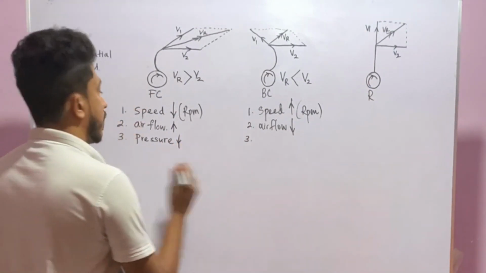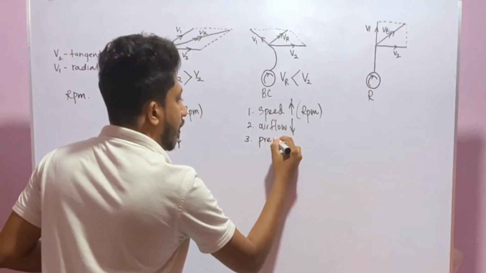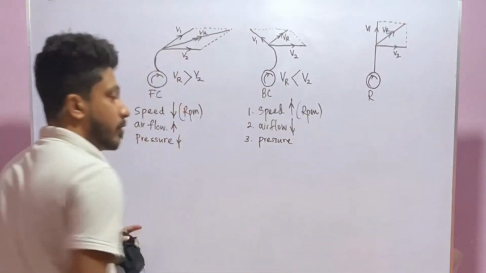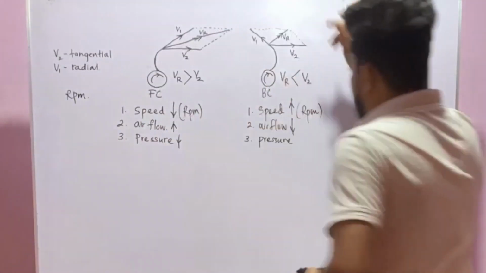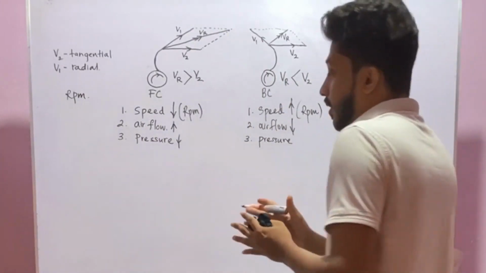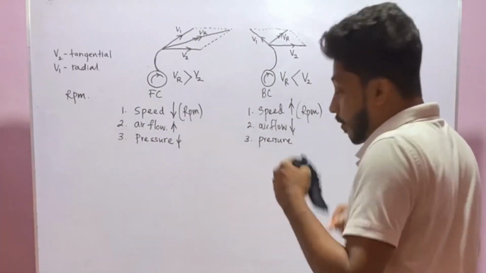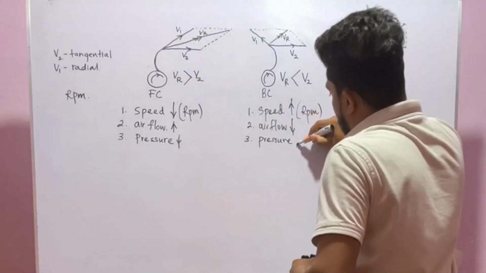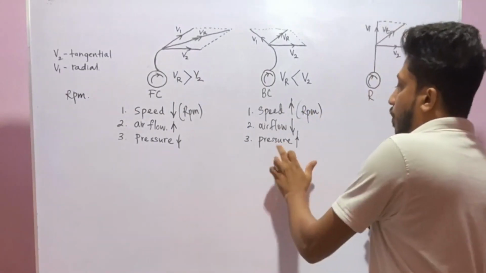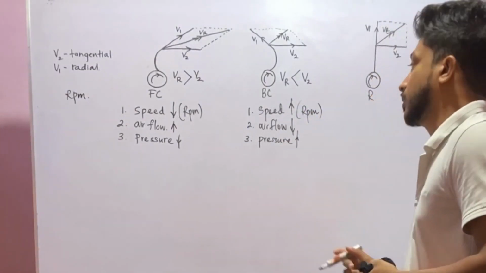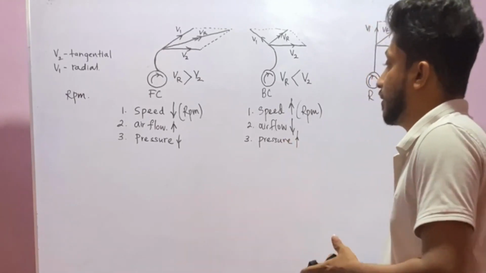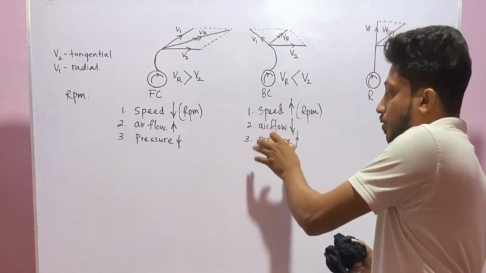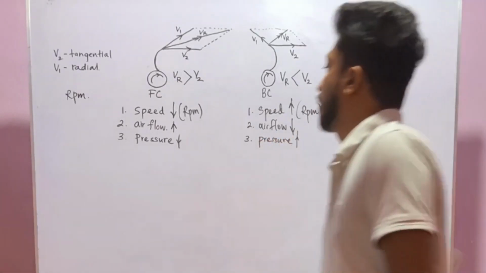When we compare to the backward curve fan, their velocity is not much higher. That means dynamic pressure is not very much higher. Because of that, static pressure is higher. I will come to that point when we analyze the fan blade length.